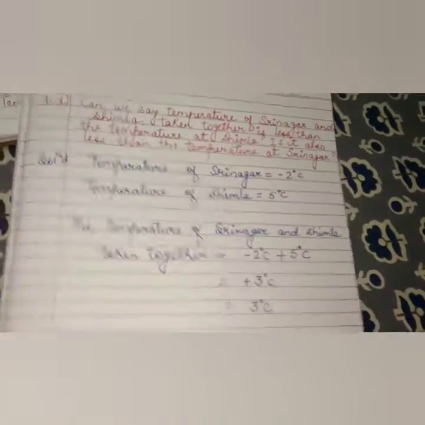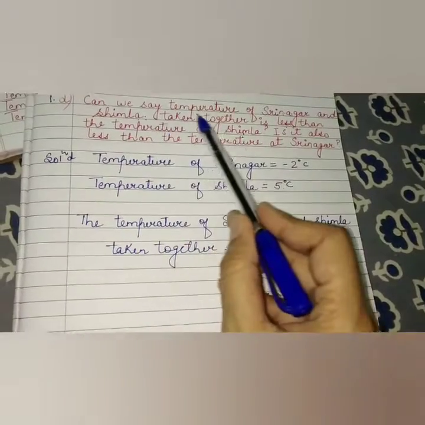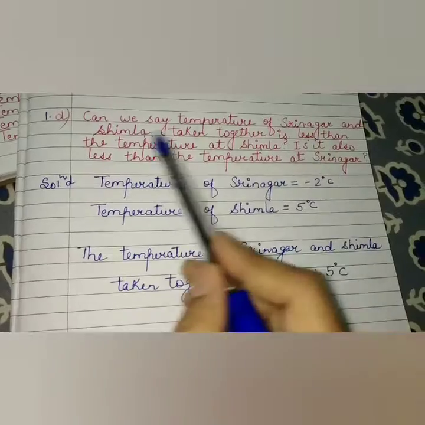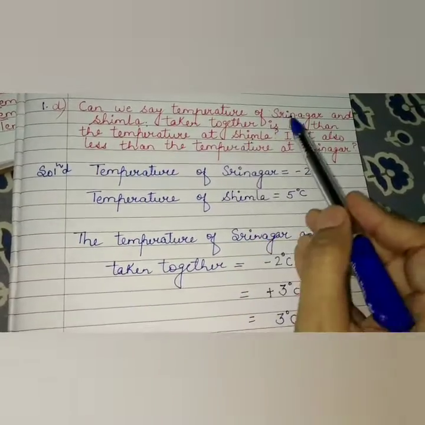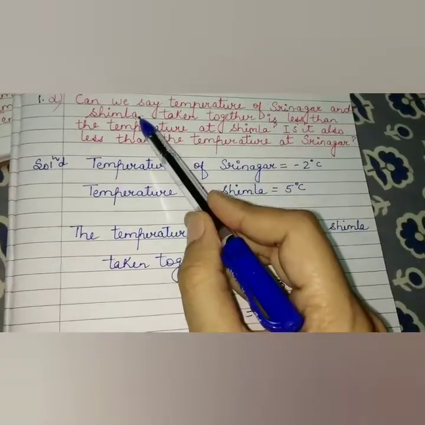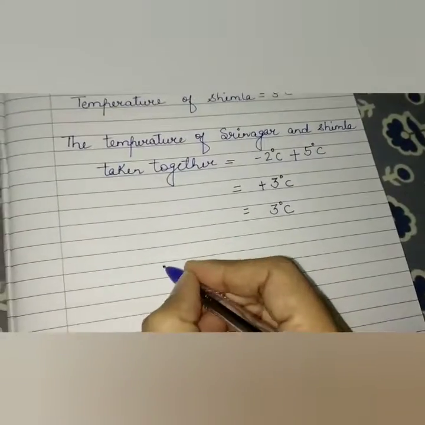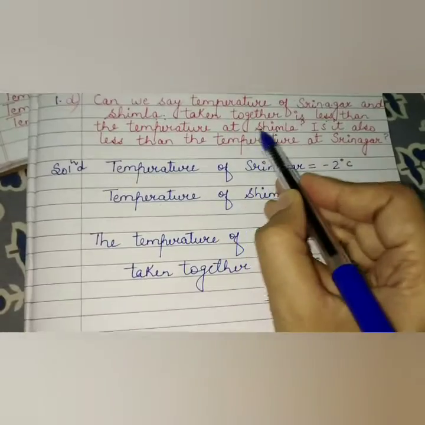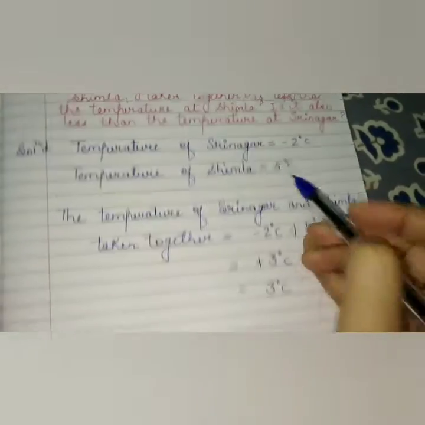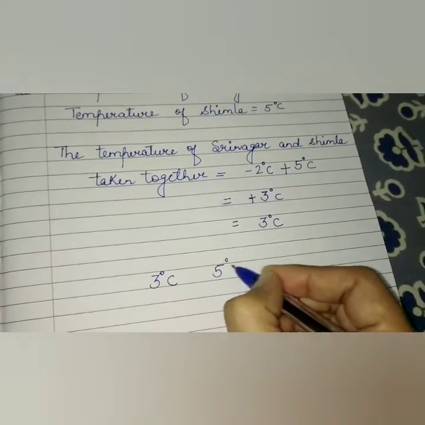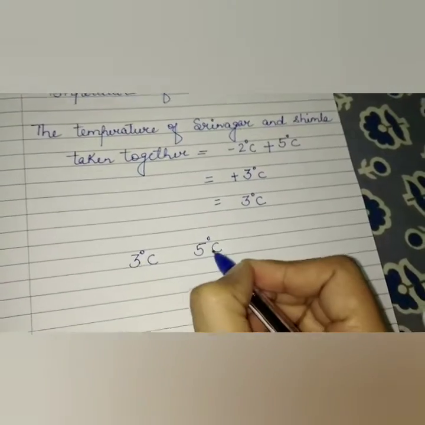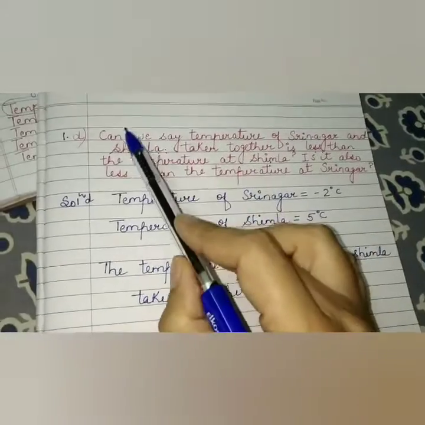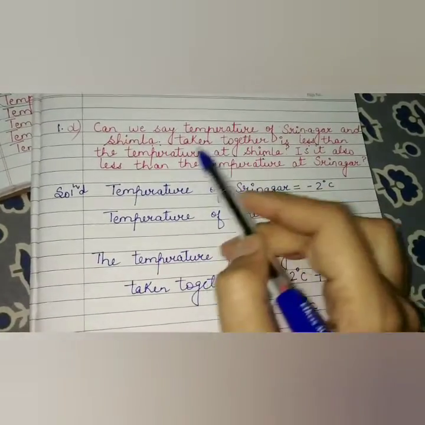Now the question was asking, can we say the temperature of Srinagar and Shimla taken together is less than the temperature at Shimla? So now we know the answer of the Srinagar and Shimla temperature. It is 3 degrees Celsius, which is less than the temperature of Shimla. The temperature of Shimla is 5 degrees Celsius. So this temperature is less than the temperature of this? Of course, yes. So the question which they are asking is correct.